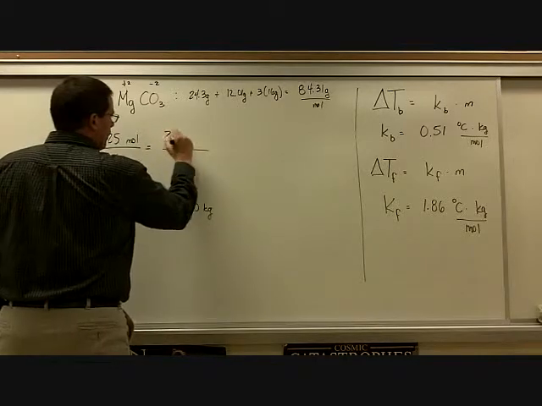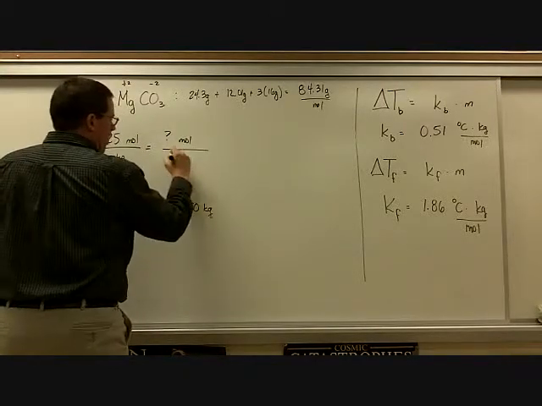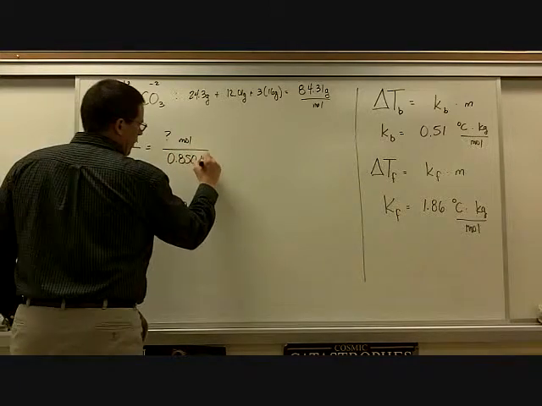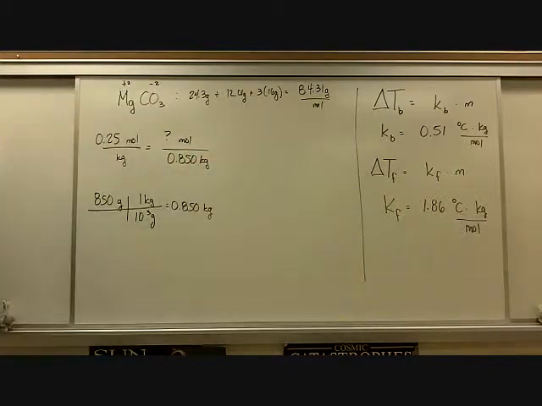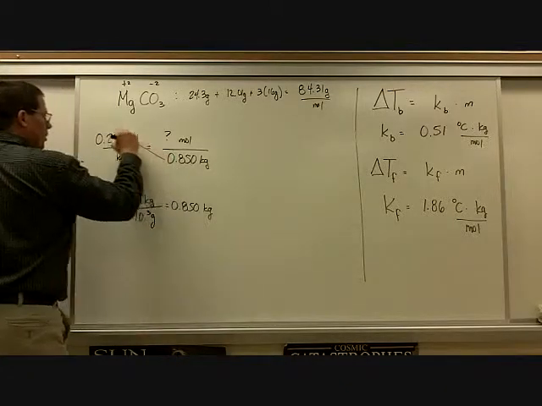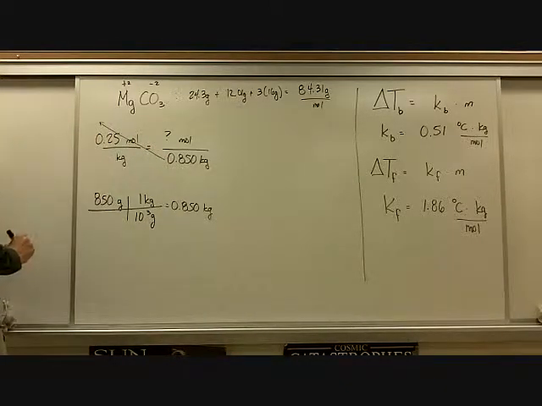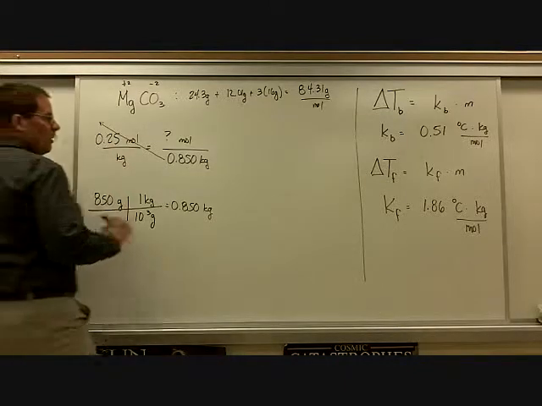It's very similar to what we just did. We're looking for the number of moles. We have our 0.85 kilograms. How can I get moles all by itself? Let's multiply the 0.85 kilograms on both sides.